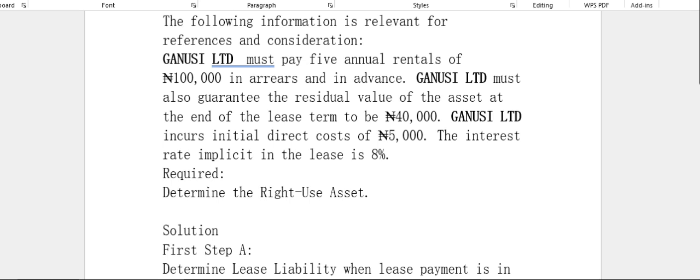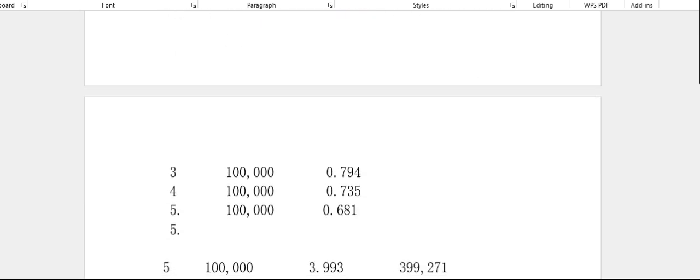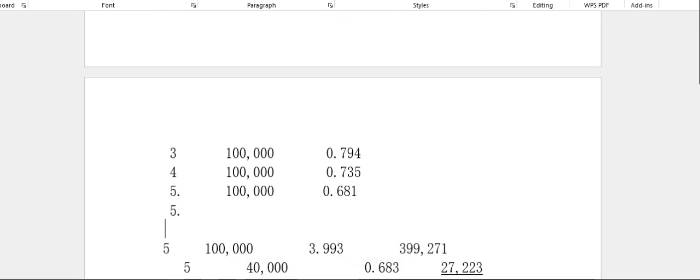Are you seeing it? Yes, sir. And they said the lease period is for how many years? 5 years. Meaning that there will be a residual value of 40,000. So at our year 5 we are going to have two entries, one for 40,000, one for 100,000.